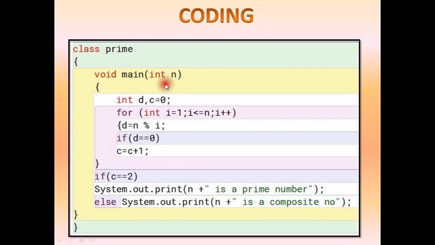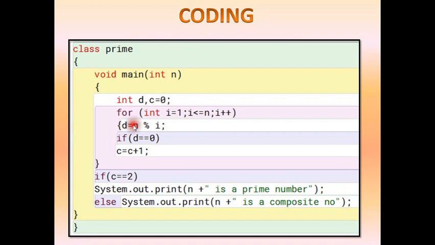We are checking with all the numbers starting from 1 till the number itself. We check n mod 1, n mod 2, n mod 3, n mod 4, like that it will go on till the number. And if the remainder is 0, obviously it is divisible, so c will become c equal to c plus 1.